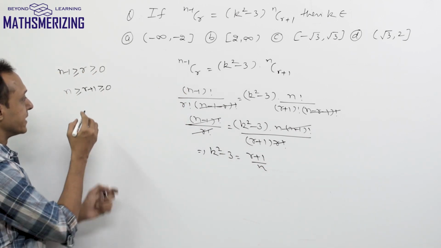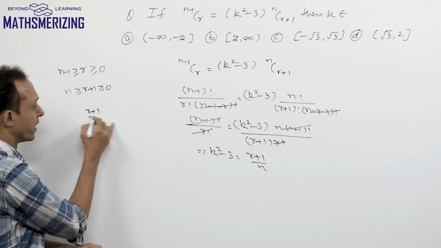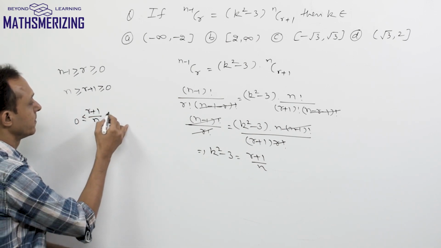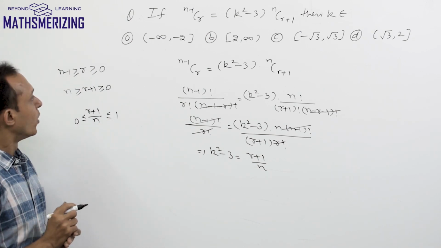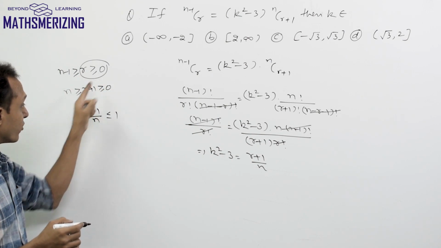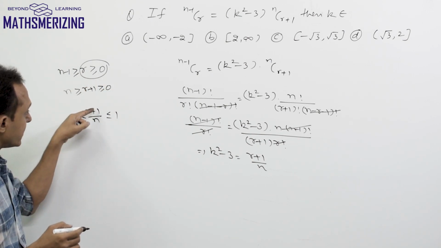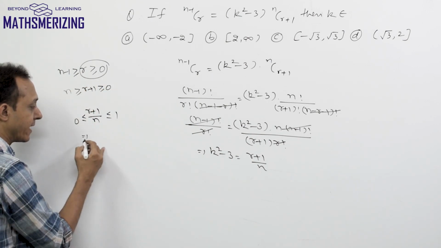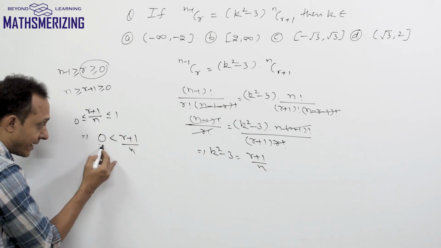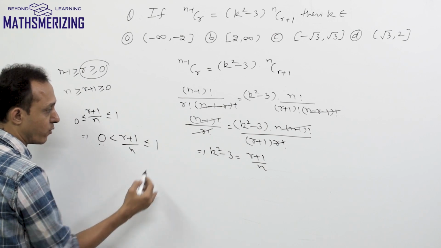Now from here I can say the value of r plus 1 upon n will always be greater than 0, but less than or equal to 1. Now from here I can also say that the minimum value of r is 0, not minus 1. So if I put r as 0, I'll get this as 1 by n. So the value of r plus 1 by n will be strictly greater than 0, but less than or equal to 1.